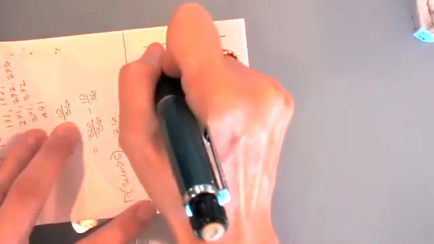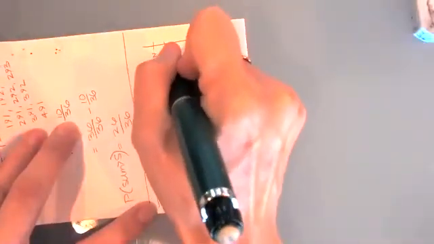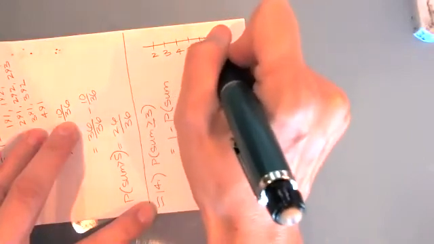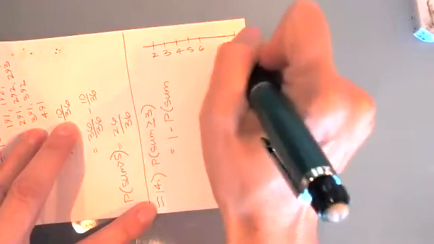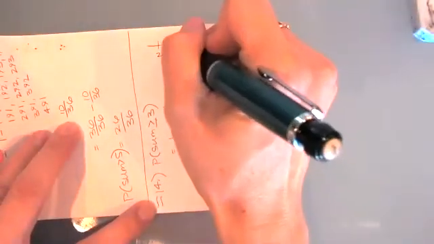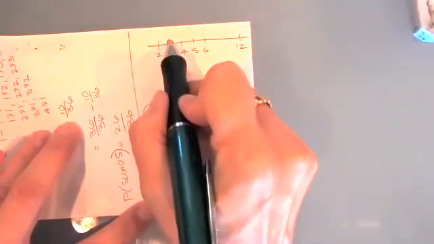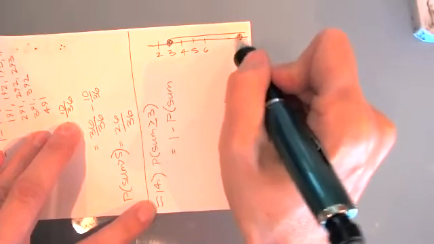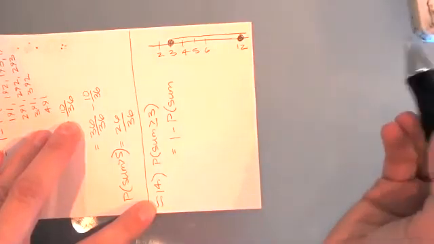We could have 2, 3, 4, 5, 6, and so on. 6 plus 6 is 12, so those are all the options. So if the sum is greater than or equal to 3, that's all of this, to here, because that's where it stops for 6-sided die.